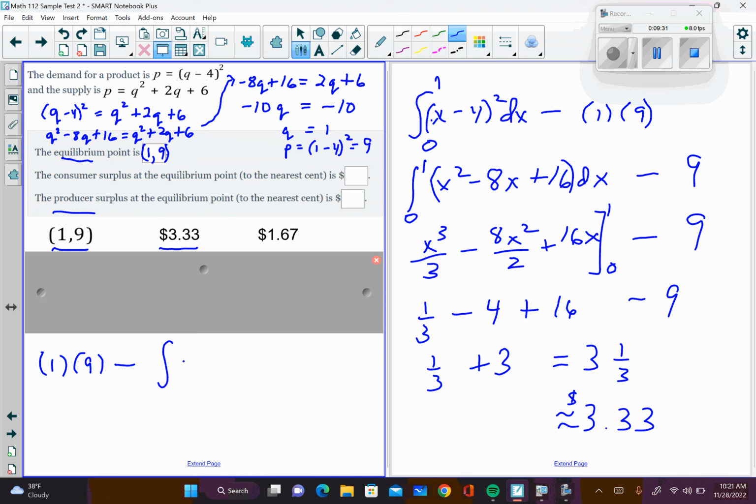Producers supply. This is the supply function. It's x squared plus 2x plus 6 dx, and that's from 0 to 1. It's always 0 at the bottom, and the x coordinate of the equilibrium point on the top.